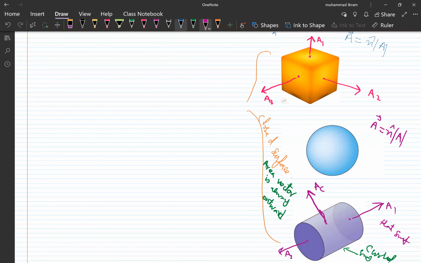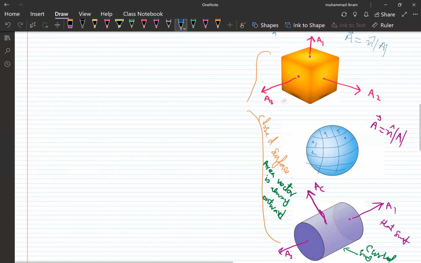For this kind of surface, we will divide it again into small pages, just like you have seen on a football. So each area is A1, A2, A3, A4 like this.